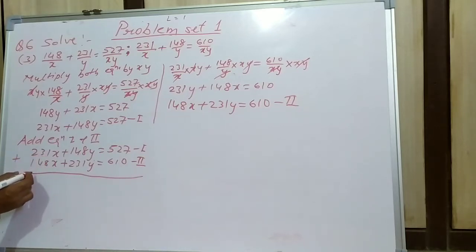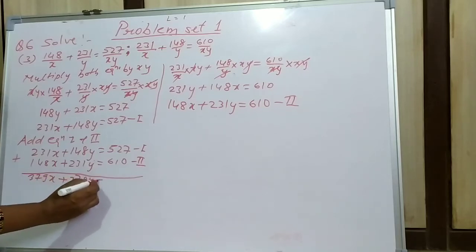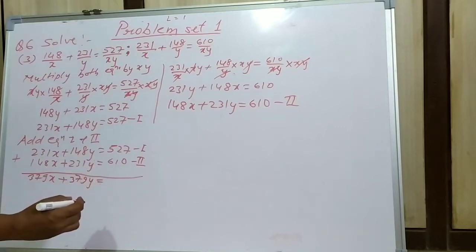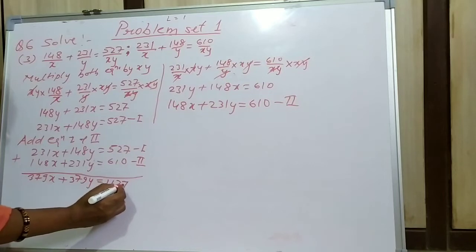So 231 plus 148 is equal to 379x. Similarly, 148 plus 231, 379y, and 527 plus 610, 1137.